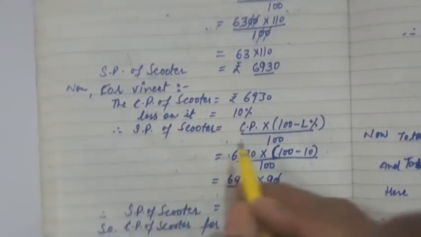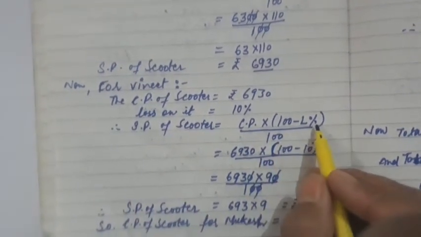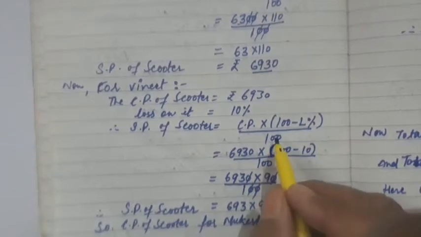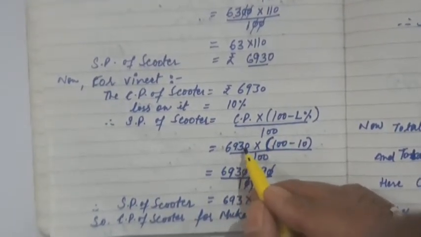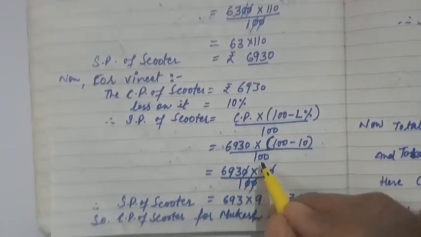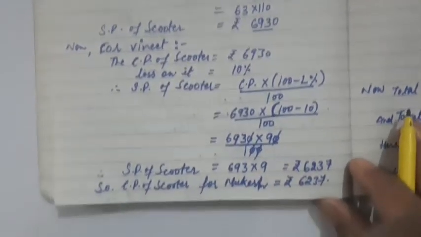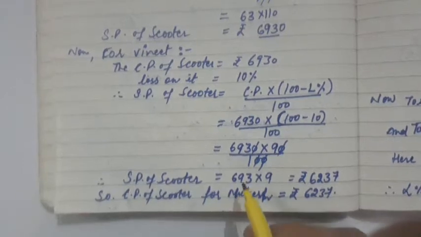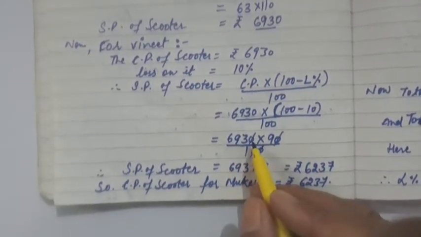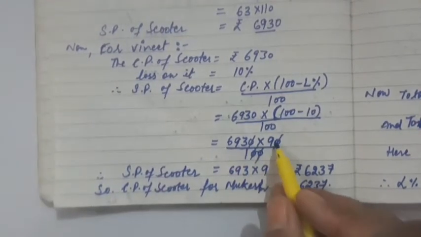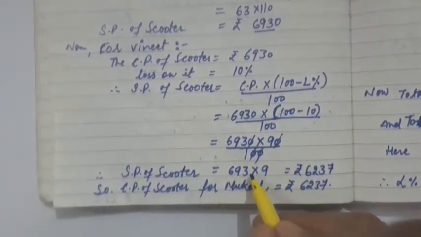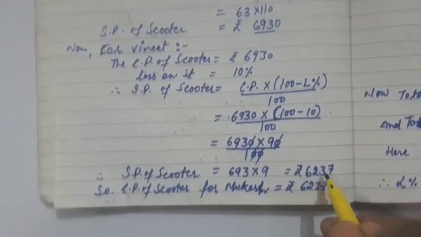Therefore SP of scooter becomes CP into 100 minus loss percent upon 100. That is CP 6930 into 100 minus 10 upon 100. When we solve, we get 6930 into 90 upon 100. 100 we can cancel here and here. Then 693 into 9, that is 6237.